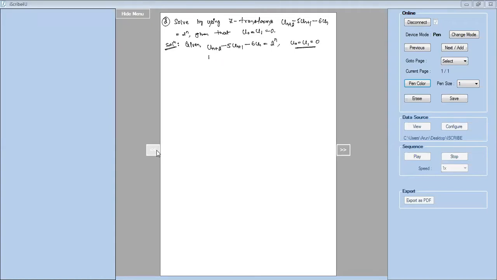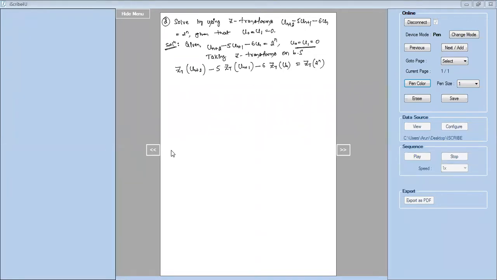So taking Z transforms on both sides, we get: Z transform of u(n+2) minus 5 into Z transform of u(n+1) minus 6 into Z transform of u(n) is equal to, on the RHS, Z transform of 2^n, right? So I'm taking Z transform for each and every term here.